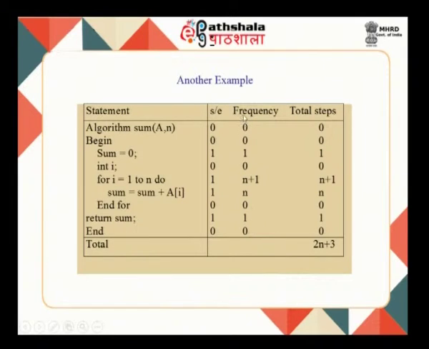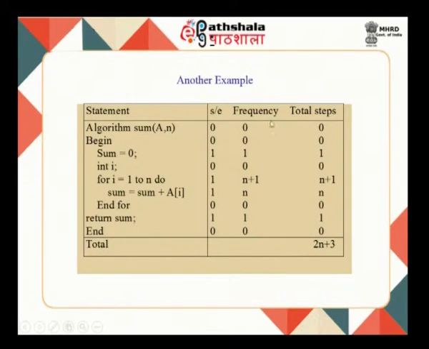This column tells the frequency. You can observe that sum equal to 0 is going to be executed only once, and this loop is going to get executed n plus 1 times, because n plus 1 is required to come out of this particular loop.